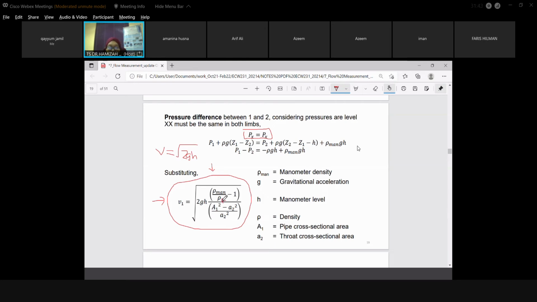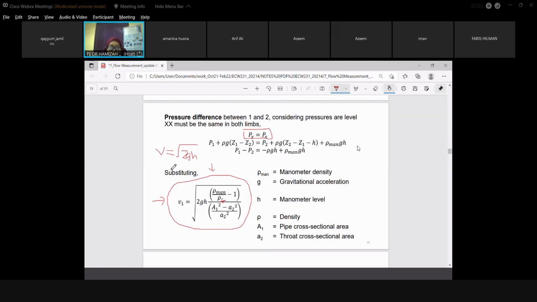Okay, the big capital letter A refers to the area of the pipe. Smaller a is the area of the throat, and we also divide with the area of the throat. Okay, so this is V theory.